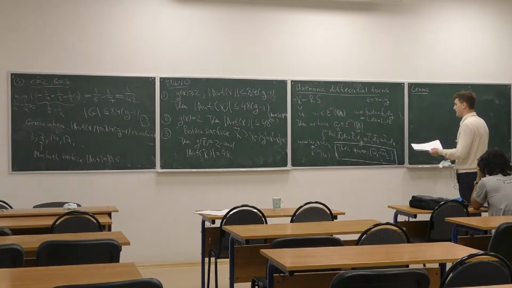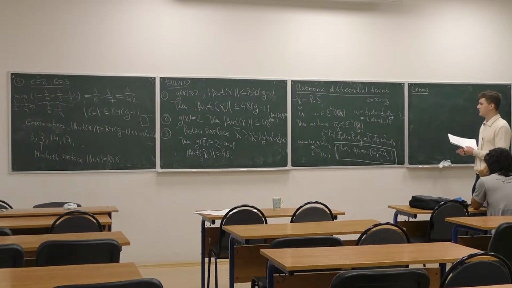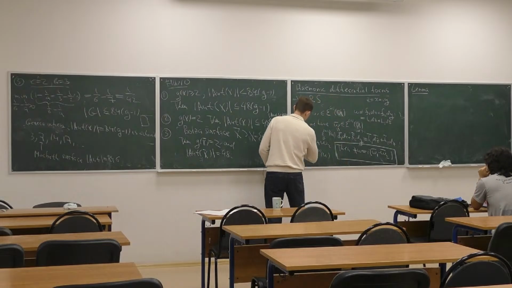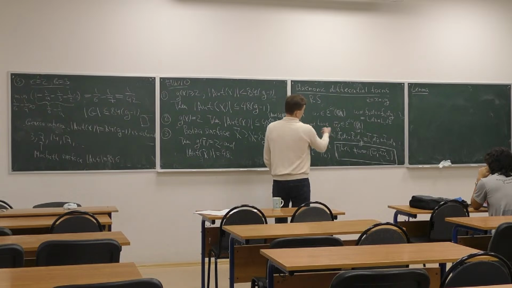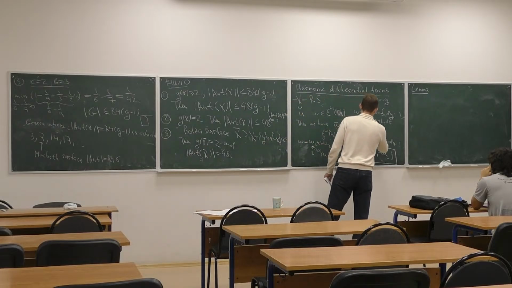Okay, what we have. Yes, that's right, indeed, to recall that: omega 1 is h1 dz. So basically, this is omega 1 locally. This is omega 2.